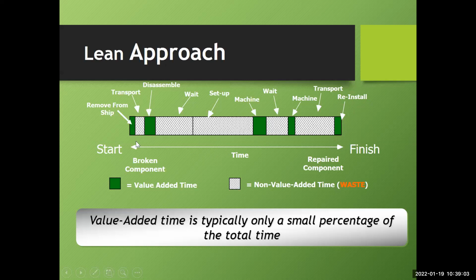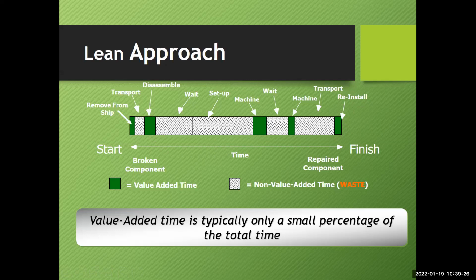So if I look at the value added and non-value added, non-value added time is higher, although non-value added time is also important. The lean concept says that transportation does not add value to the work, so it is non-value added time. But transportation is mandatory, although it does not add worth to the product.